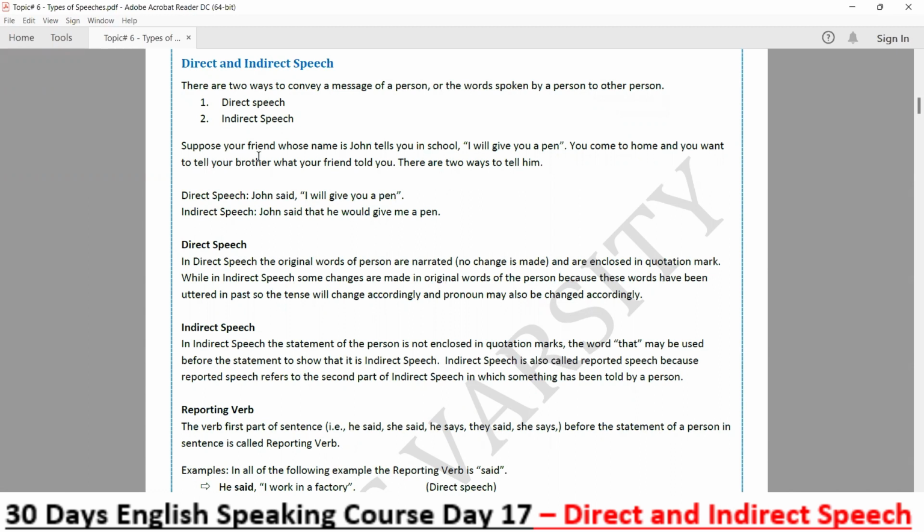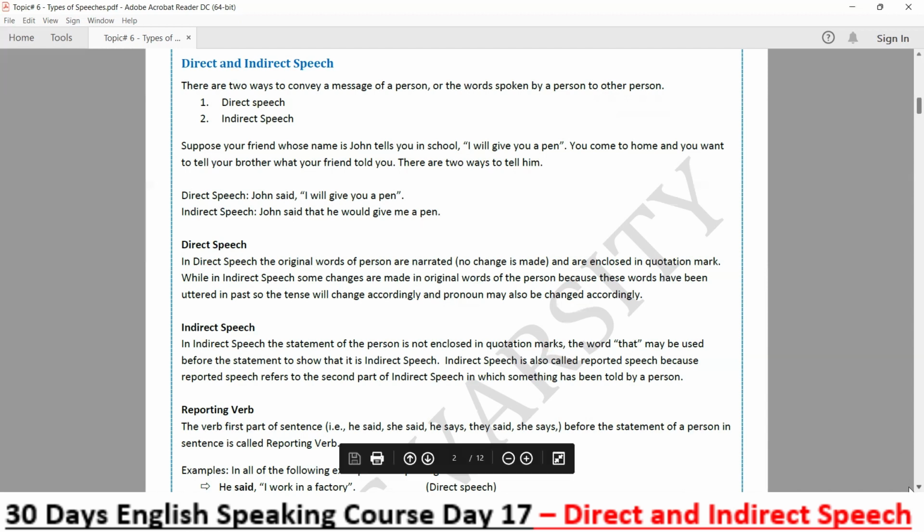Suppose your friend whose name is John tells you in school, "I will give you a pen." You come home and you want to tell your brother what your friend told you. There are two ways to tell him. Direct speech: John said, "I will give you a pen." Indirect speech: John said that he would give me a pen.